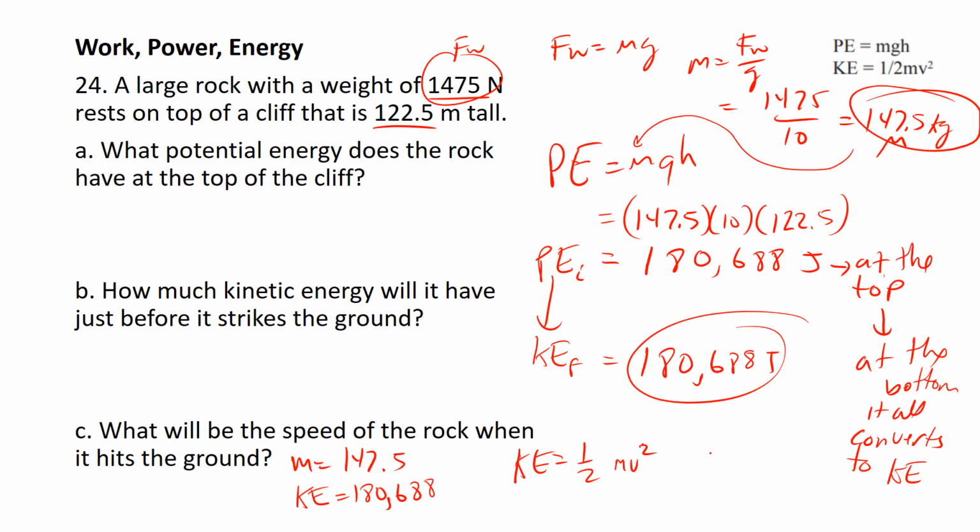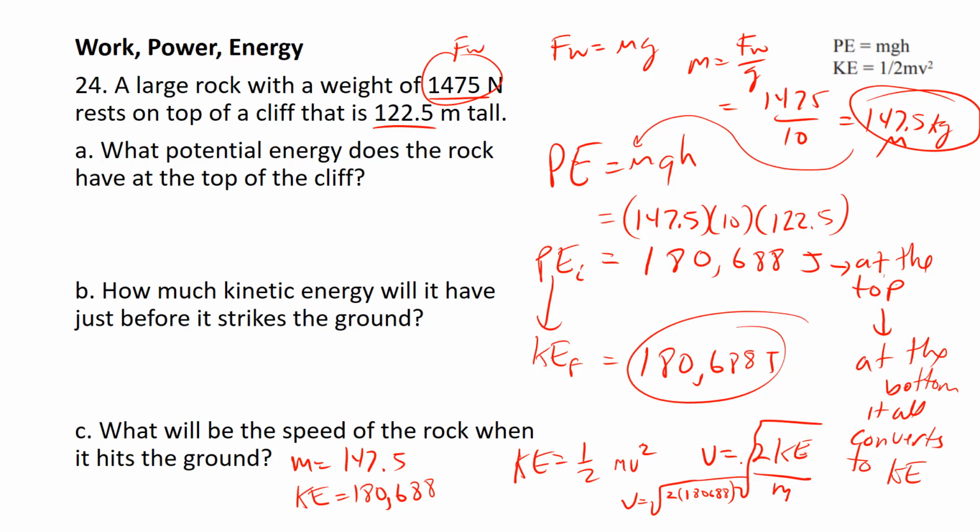V equals 2 times KE, because I divided 1/2 out of both sides. Then I divide out the mass so I can get velocity alone. I still have the V squared, so finally I take the square root. V equals the square root of 2 times this big number, 180,688.